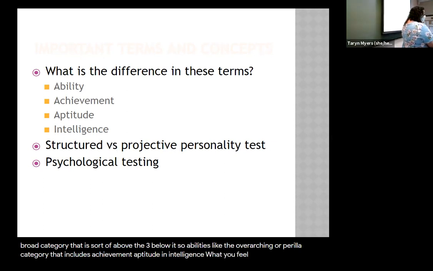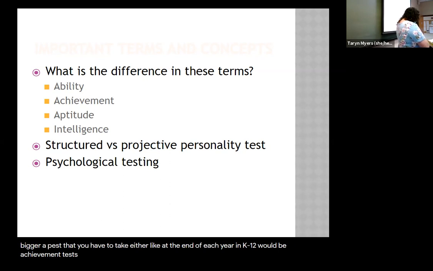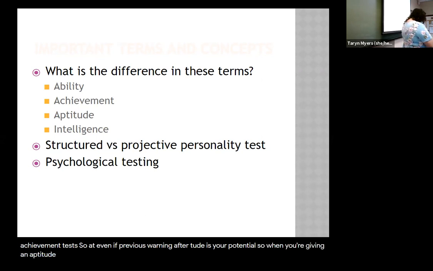Achievement is what you previously learned. Most standardized tests that you have to take, like at the end of each year in K-12, would be achievement tests. So achievement is previous learning. Aptitude is your potential. When you're giving an aptitude test, you're trying to look at someone's potential, perhaps to acquire a certain skill.